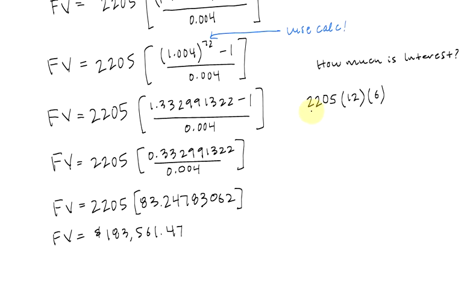So again, $2,205, 12 times a year for 6 years, gives us a raw dollar amount of $158,760.